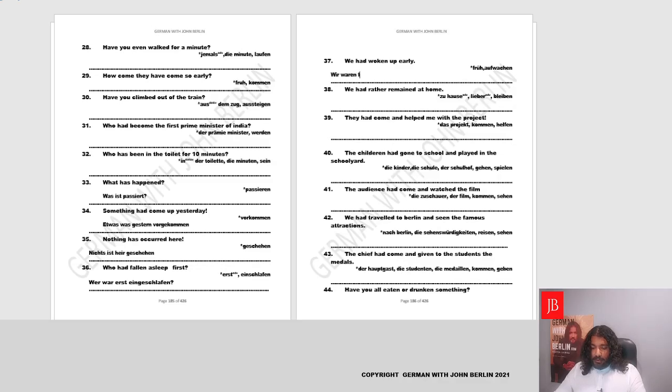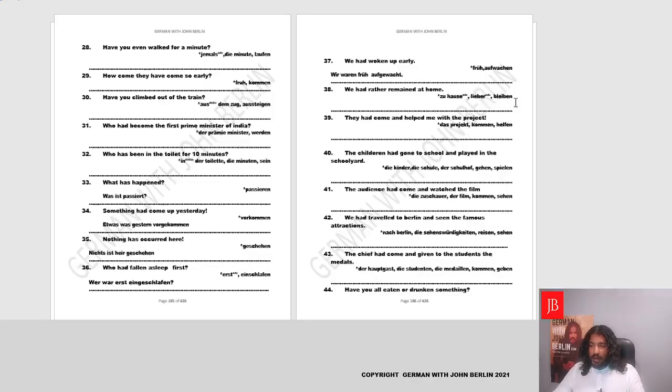Wir waren früh. That's early. Yes, we'll write früh. Very good. Wir waren früh. The verb is aufwachen in Partizip 2, like the perfect form. It's a trennbares verb, so prefix auf, then ge, and then aufgewacht. Perfect, we had woken up early.